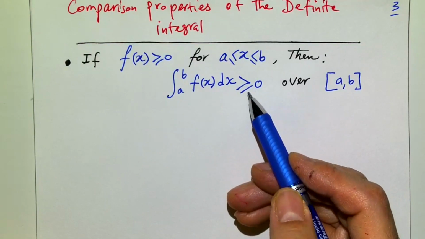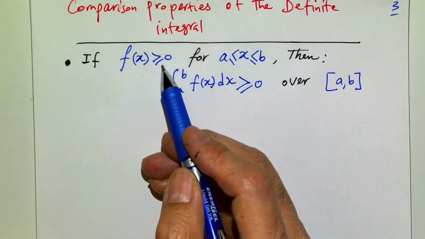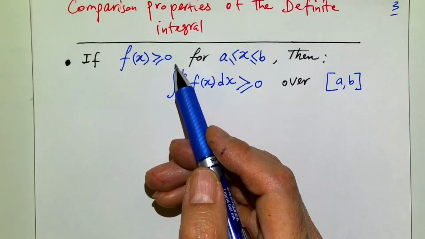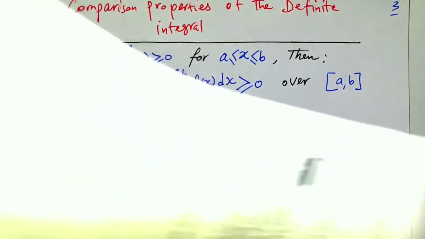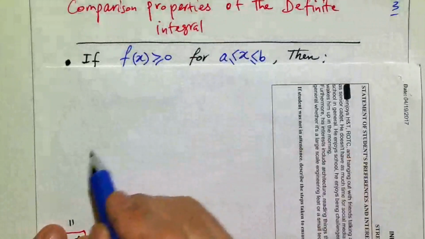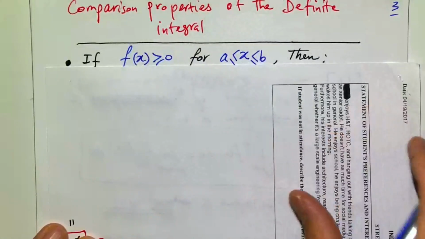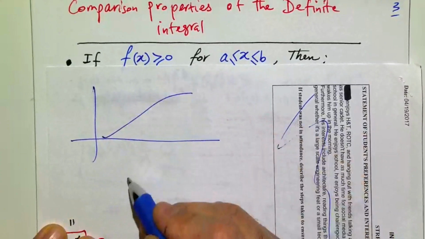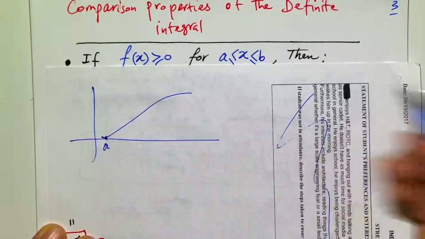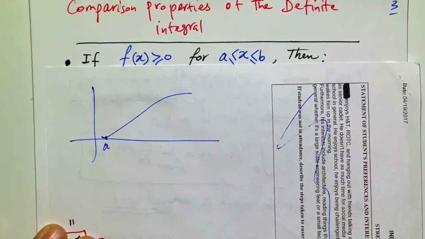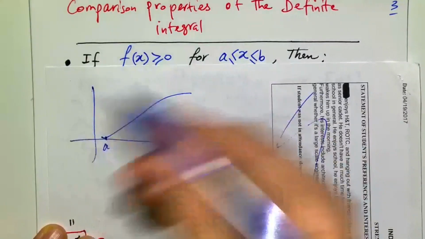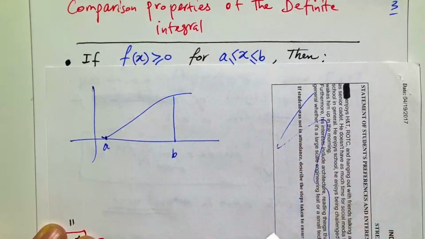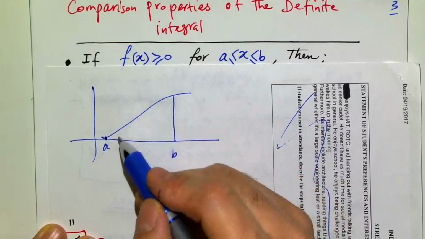That makes sense, right? Because if a function is always greater than or equal to 0, let me bring back my scratch paper here. If you have a function like that, from a to b, it doesn't have to be over the entire course of the function, but over some interval a to b, then the definite integral represents the area under the curve.